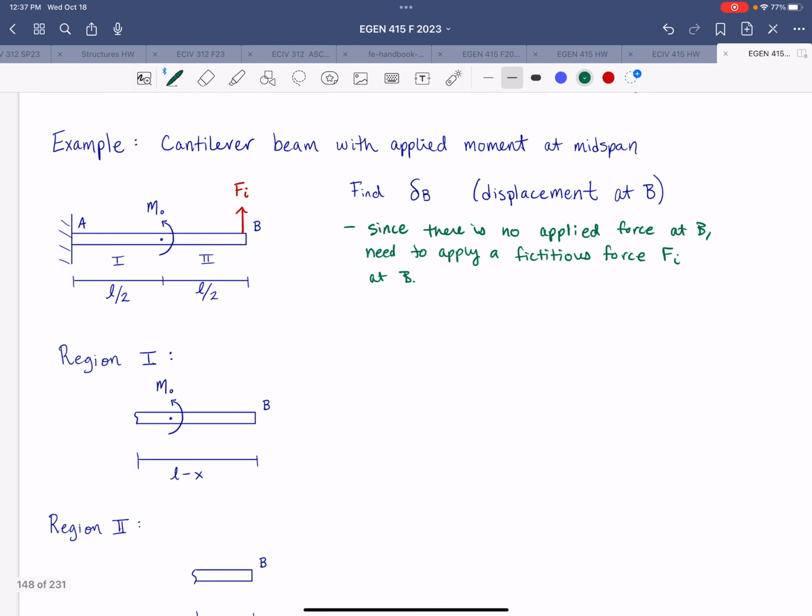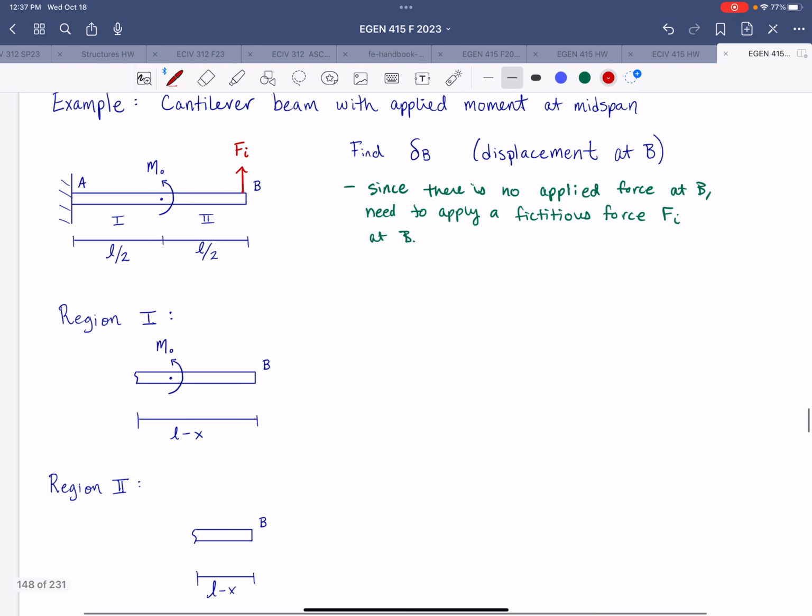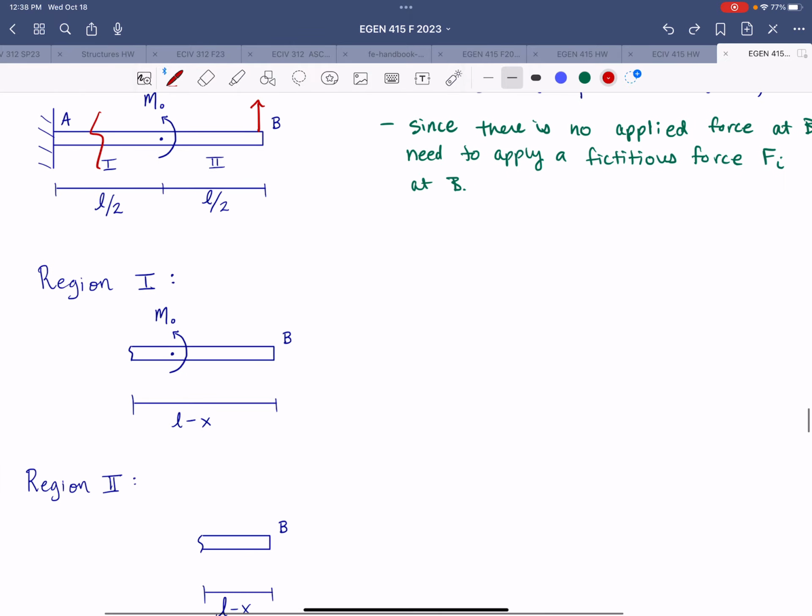All right, so now, since we have two regions where two different moment expressions will apply, we're going to establish our moment equations for each region. We'll first take a cut through region 1, and that's what we see down here, the free body diagram to the right of that cut.